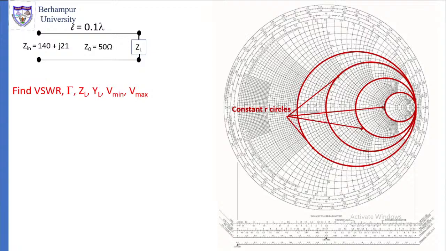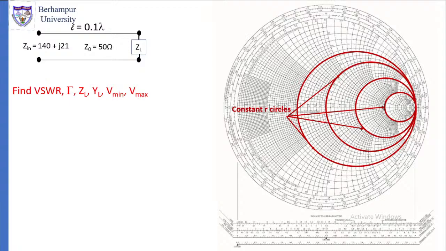I have shown you, for example, some circles which are complete circles. These are called the constant R circles. What is meant by constant R circle is that everywhere on the perimeter of each of these circles, as you move along the circle, the resistance is constant.